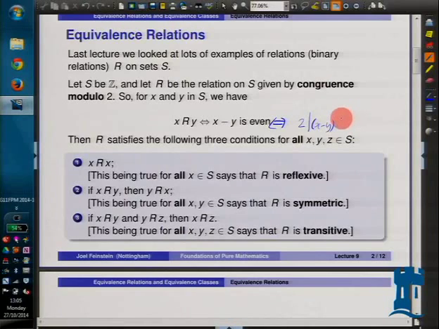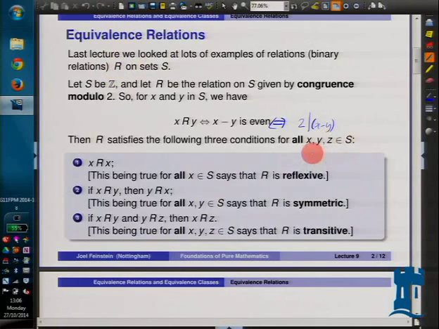Now, here are some properties that this has, and I'll prove these properties for you as well. And they've got names. Now, these following three conditions hold for all x, y, and z in S. Well, S is just the integers at the moment. S is going to be our current set, which is Z at the moment, so that's the integers.